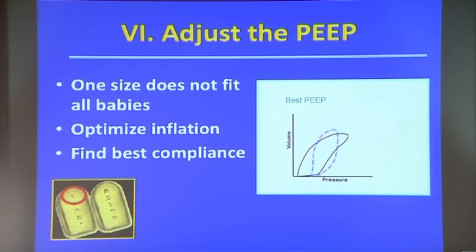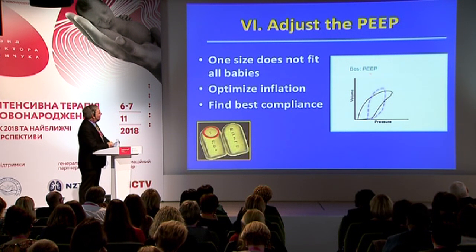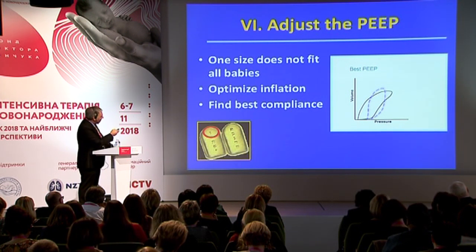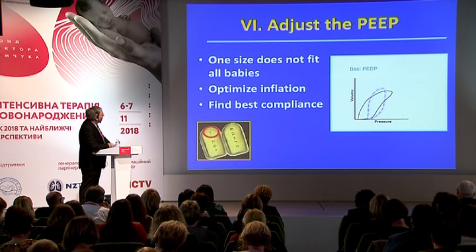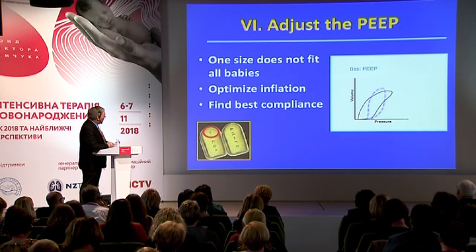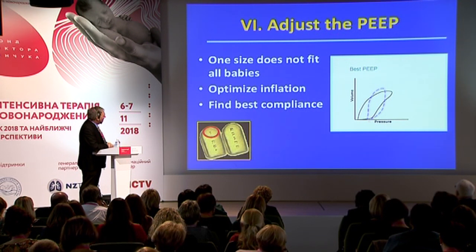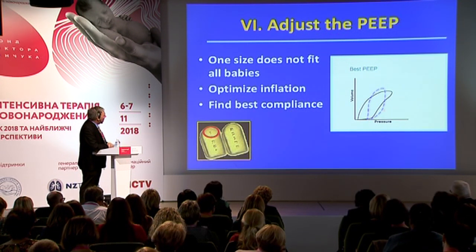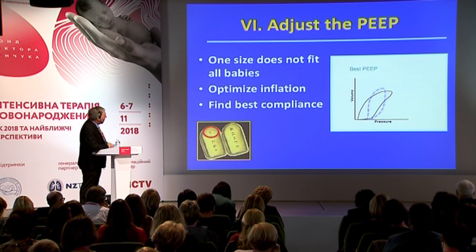And conversely, as we come back down the deflationary limb, when we get to that closing pressure, you see that the lung rapidly deflates. Now, by simply increasing the amount of end expiratory pressure, if we go from 2 to maybe 6, you see on our dotted blue loop that the lung mechanics are much better.